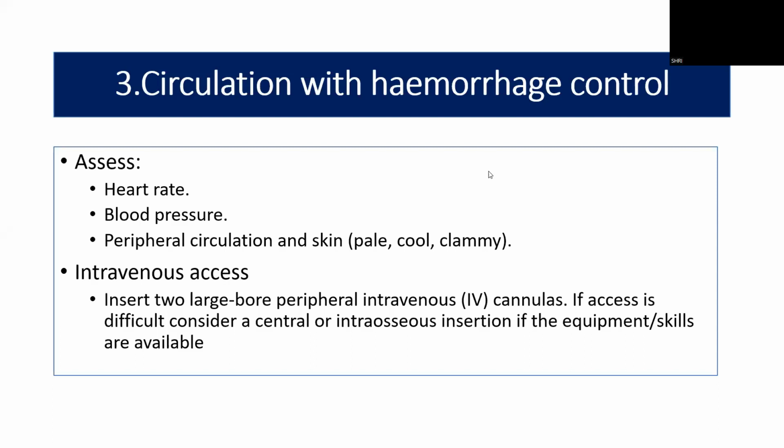To identify whether the patient has hemorrhagic shock, you have different sets of signs and symptoms. What are those symptoms? The patient is complaining of thirst, is sweating a lot, and is asking for water. These are very significant signs of a trauma patient who is having a hemorrhagic shock.